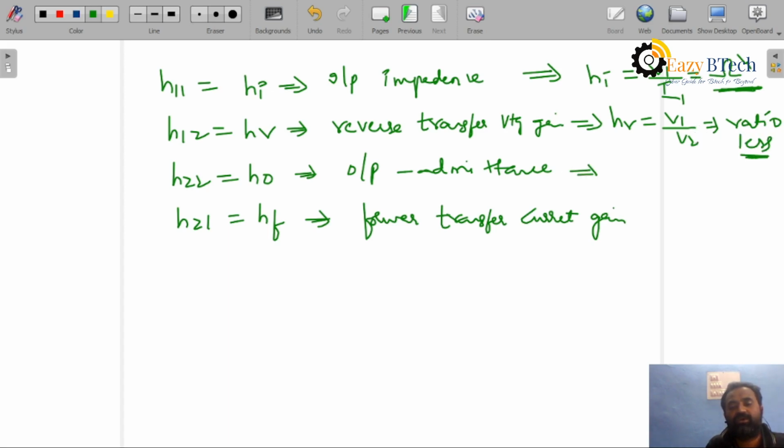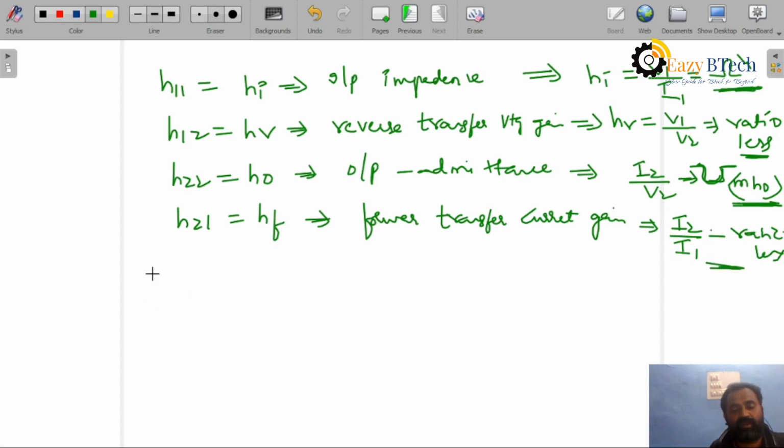Here also I2 by V2, this we will call as output admittance. This HF is I2 by I1, no unit.